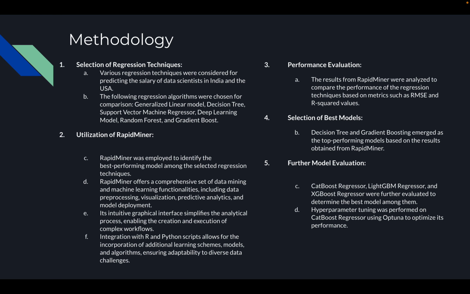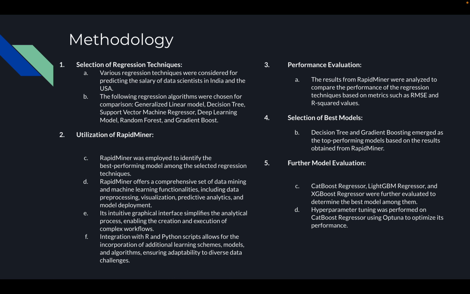Directly moving on to my methodology. I used RapidMiner to first pre-process the data set, and then we moved on to auto modeling. I pre-processed the data set using the Turbo Prep method, and we moved on to auto modeling. We compared the results of various models that were applied.